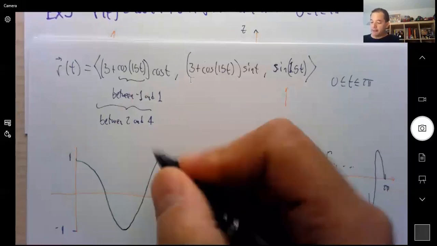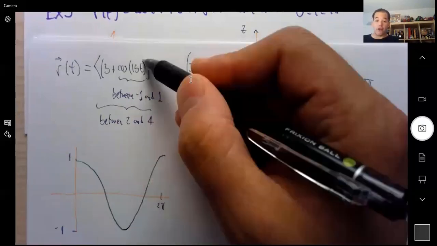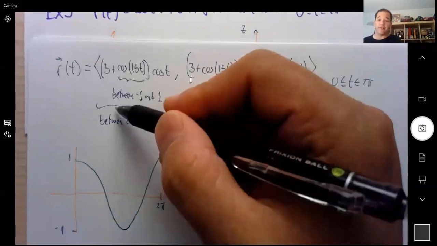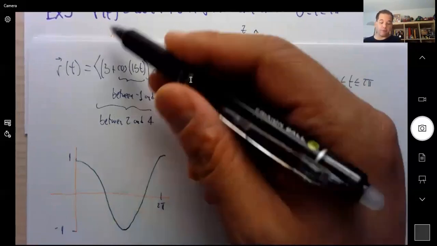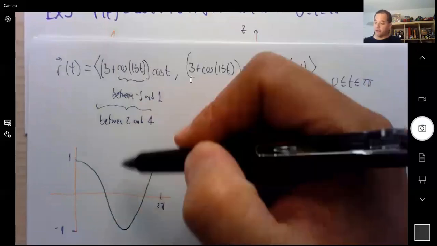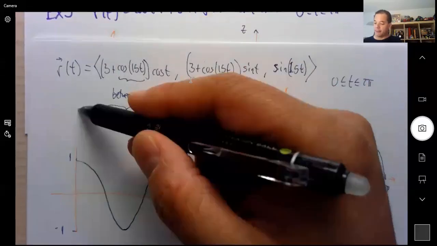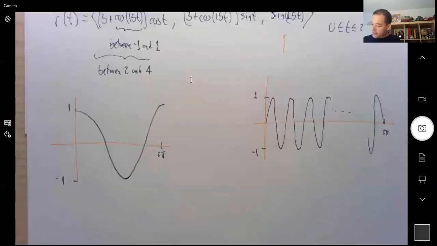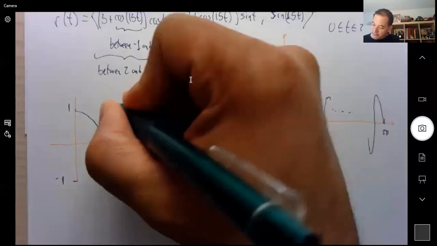We're multiplying it by something between 2 and 4. And that thing that we're multiplying it by oscillates. Sometimes it's bigger, sometimes it's smaller, right? Sometimes you multiply by 2, sometimes you multiply by 4. So this is just cosine of t.